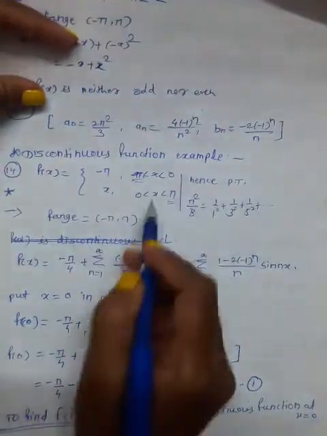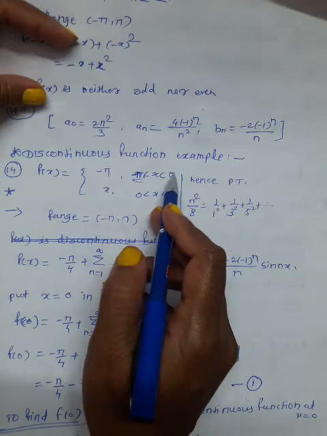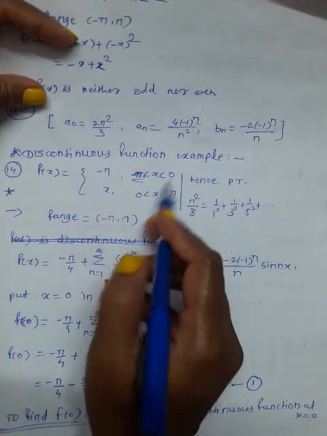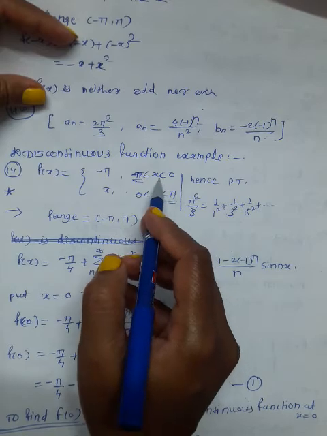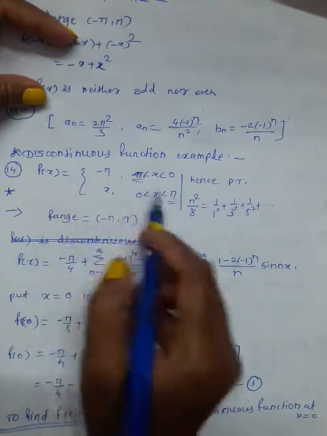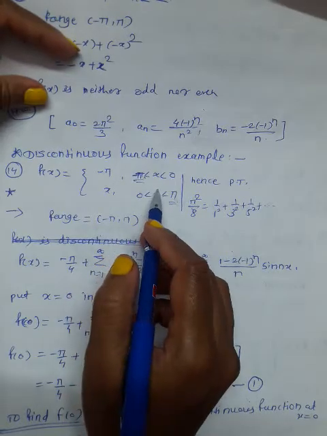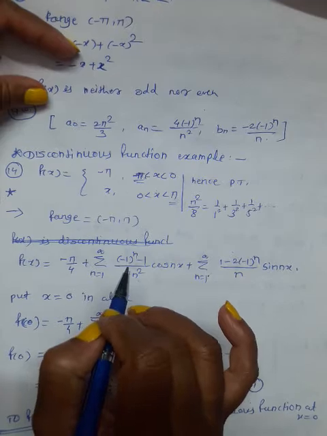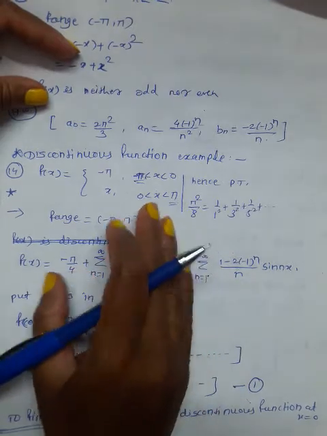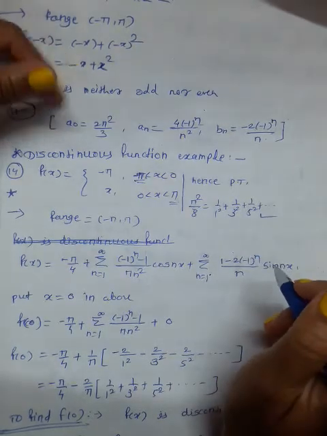Because the function is not continuous, the values are not equal at the common point, which is 0 here, and at both sides of 0 the values are not equal, that's why the function is discontinuous at x is equal to 0. We don't need this discontinuity for the calculation of the Fourier series. We need that discontinuity point to find out this sub-question.